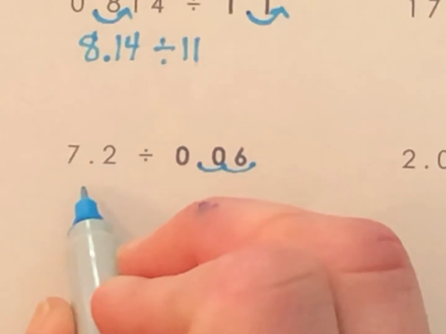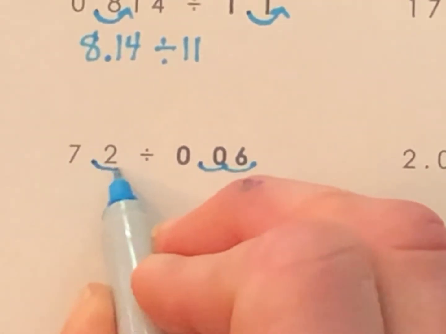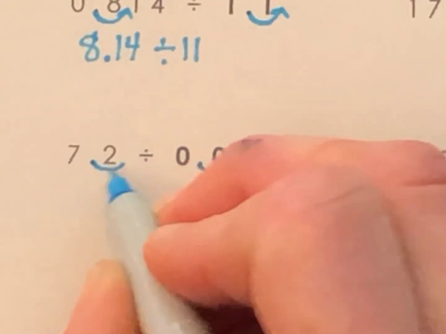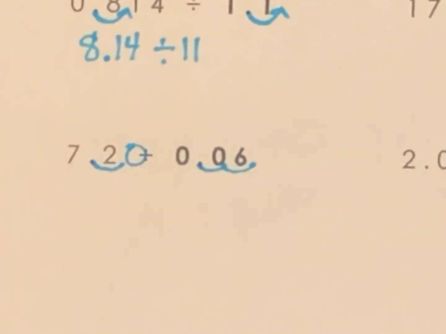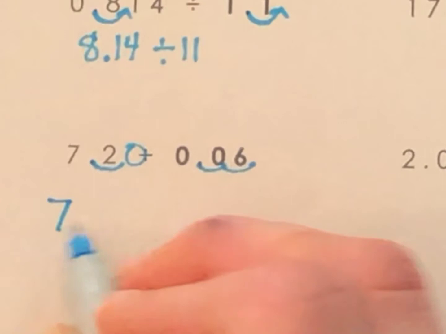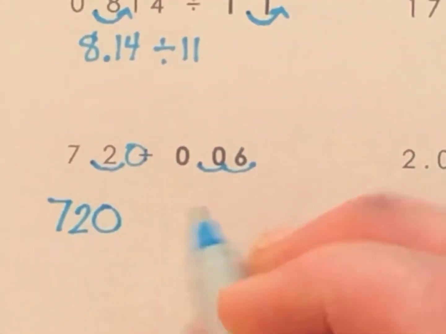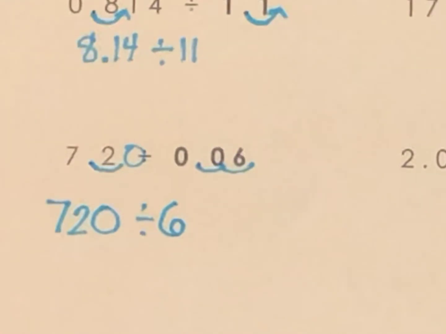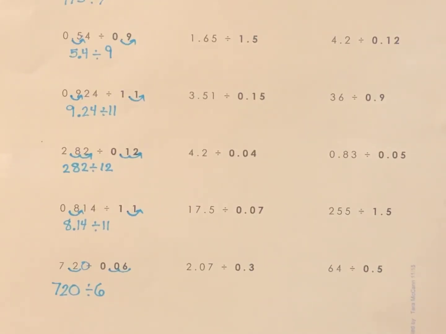This one has to move 2 places as well, but we only have 1 place. So that means 1, 2. We got a 0. So we have 720 divided by 6. There are about 6 more where you'll have to end up adding a 0 in order to have your numbers correct.